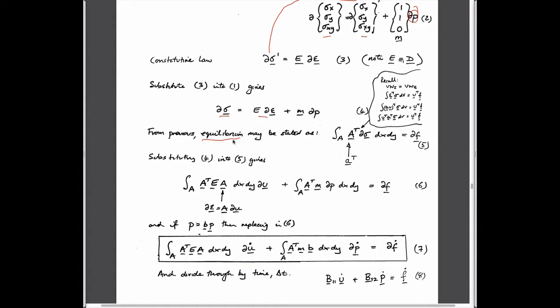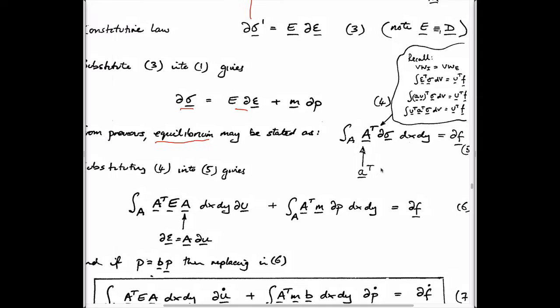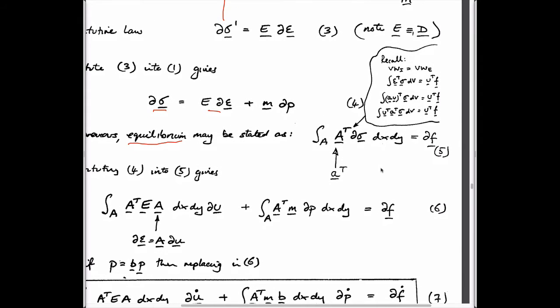We never defined it as such, but you might remember when we developed the principle of virtual work, what we did was we said that the external virtual work is displacements times forces. Internal virtual work is strains times stresses.